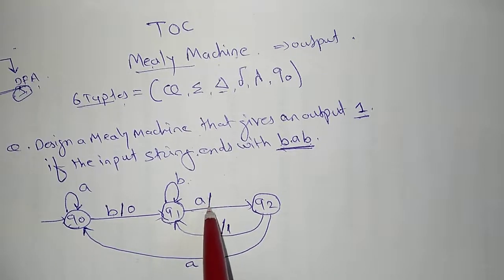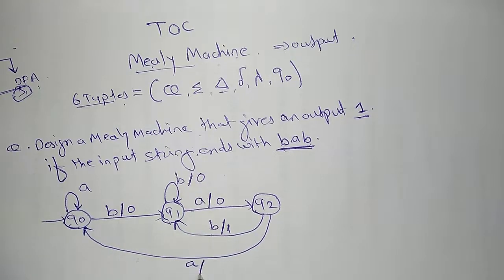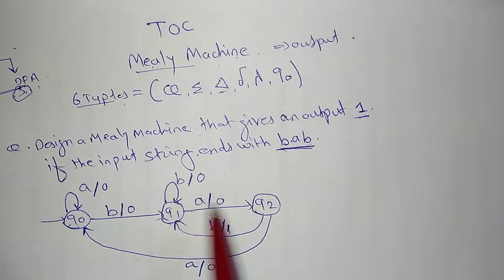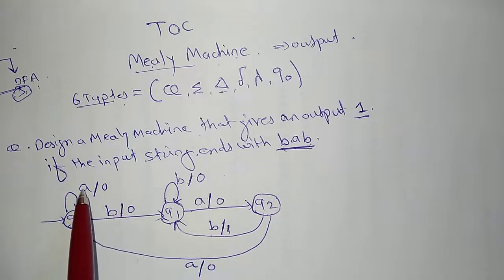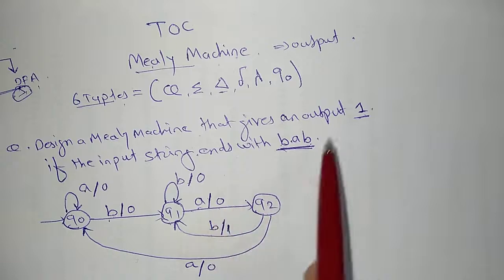These transitions end with 0, meaning the output is going to print 0. But in this problem, you can see that for BA, the output is going to give 0. So which is correct?